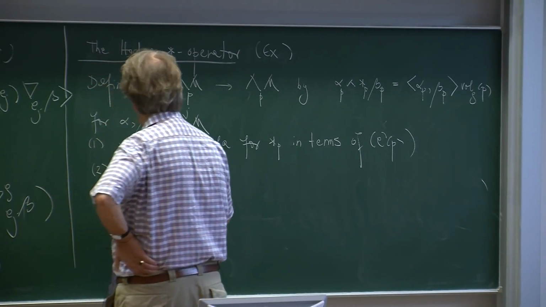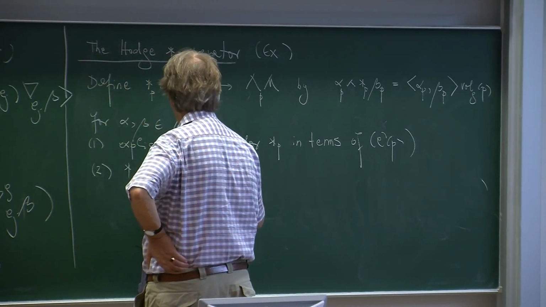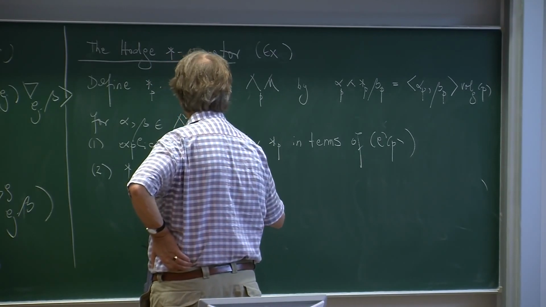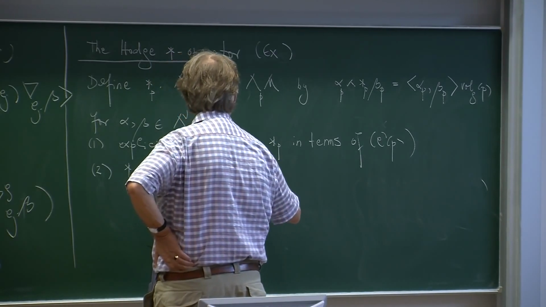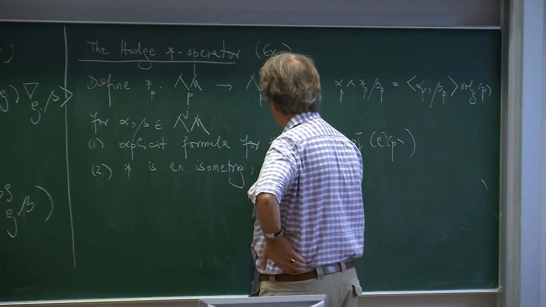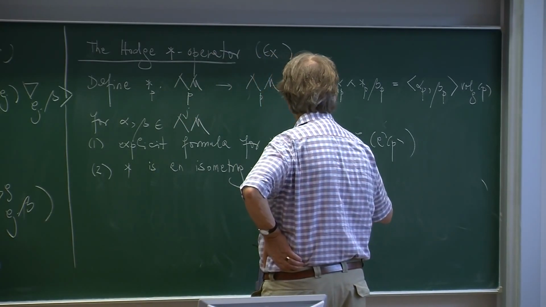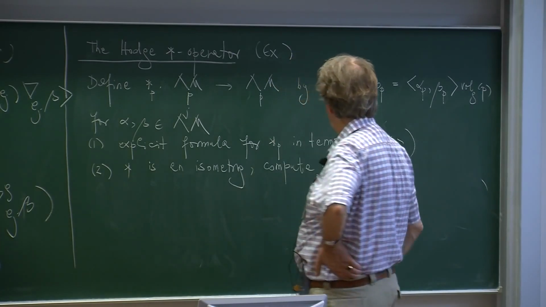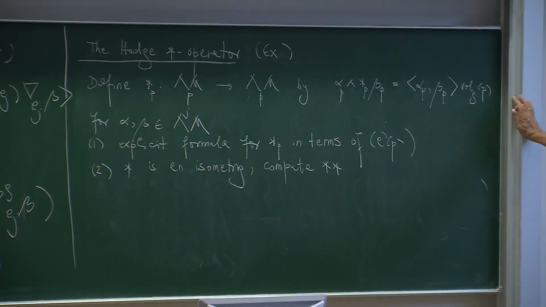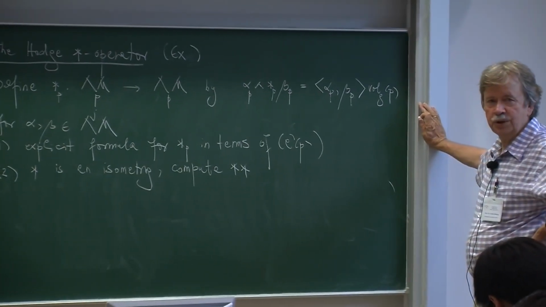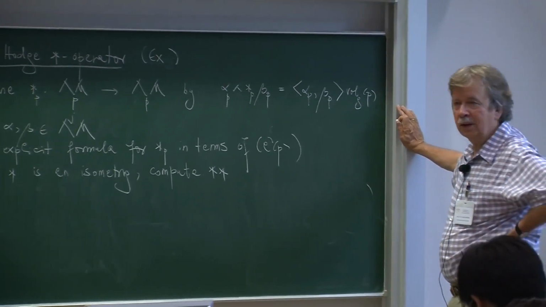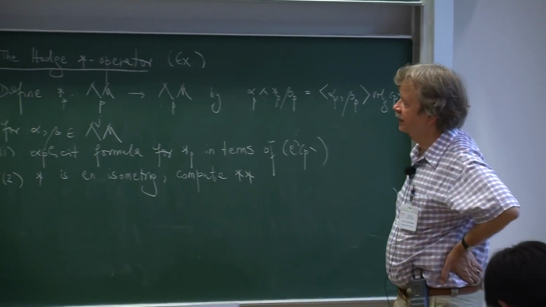Star is an isometry. That's something to prove. Compute star star. So you might think that star is actually an involution, but this is only occasionally the case, not in general.